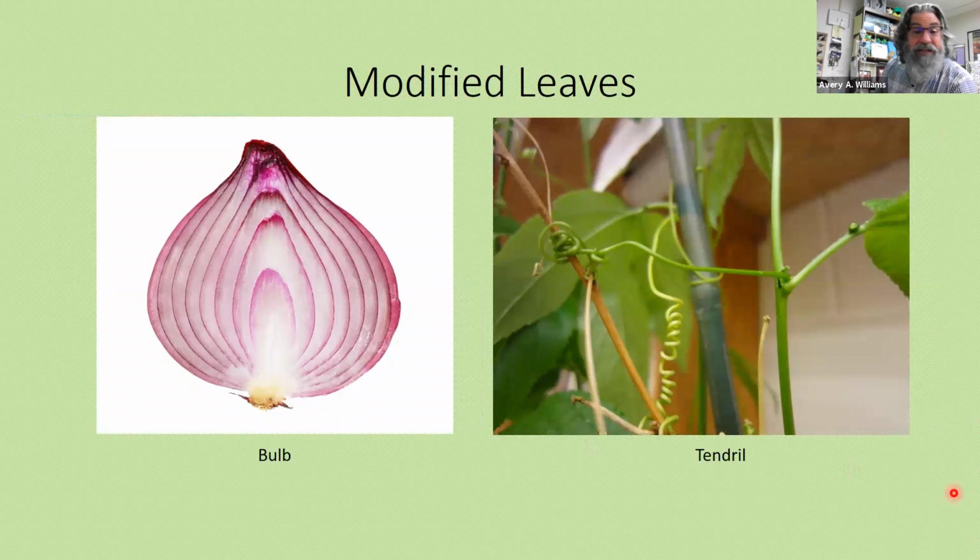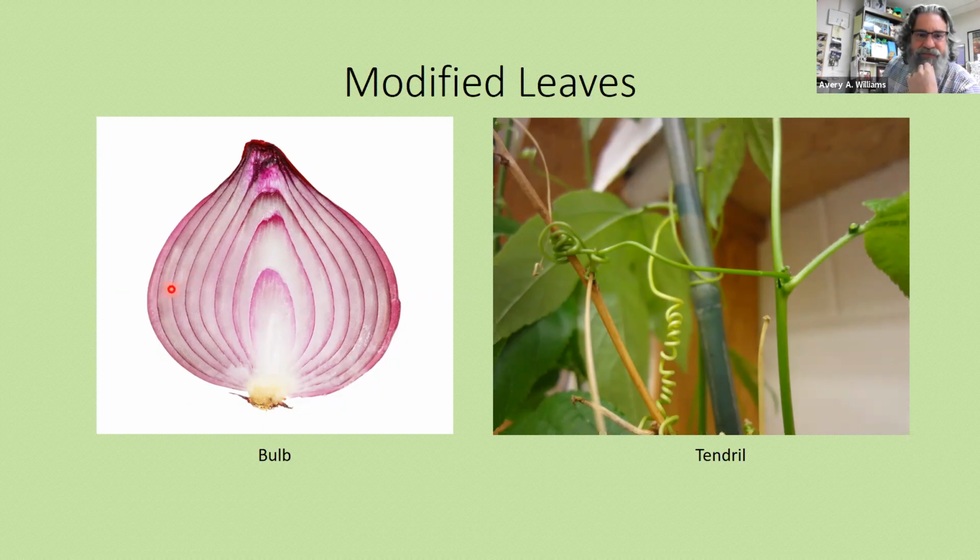And of course you have modified leaves that take on other roles and do different things. Here's your true bulb. A bulb is actually leaves, whereas a corm was a stem for storage underground. A bulb is leaves that are underground for storage. And each one of these layers, like you obviously recognize this as an onion, these are the layers of the onion that you would eat.